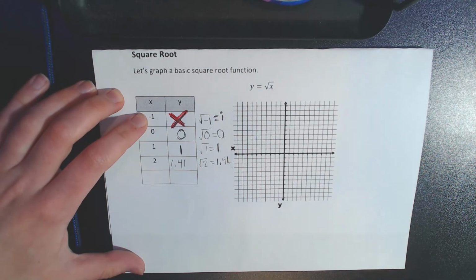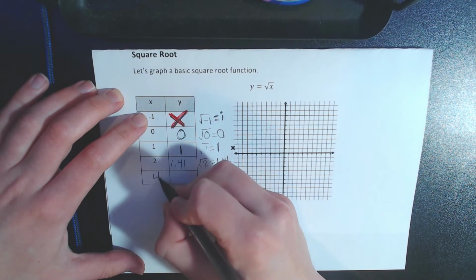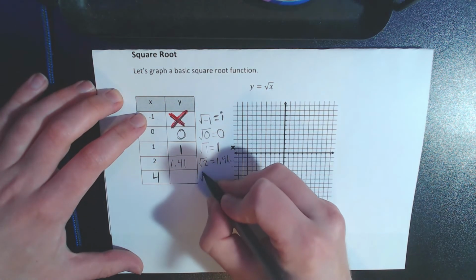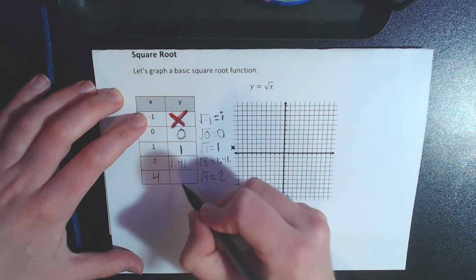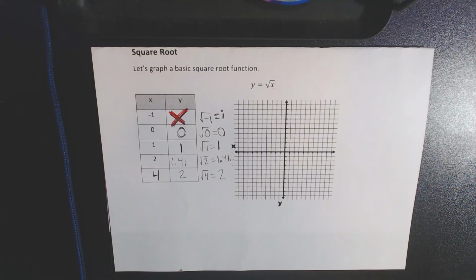Well, there's a lot of possible answers, but probably the smallest one you could do for this is 4, right? That's the next smallest perfect square. When you do the square root of 4, you get 2, because 2 squared is 4. So that would give us a nice point. You could have also done 9. The square root of 9 is 3. You could have also done 25, which gives 5, but we don't want it to get too big. So 4 and 2 is a good option.